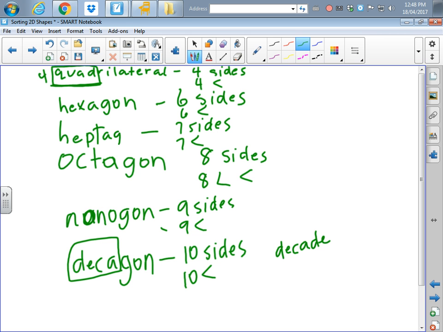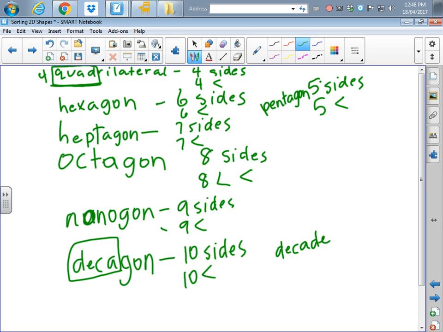Heptagon. It sounds like heptagon. And one more. We're missing one. Harley? Yeah, what's a 5-sided shape called? You're right.